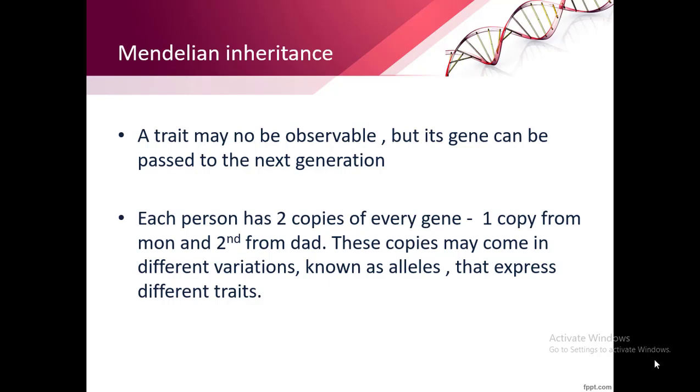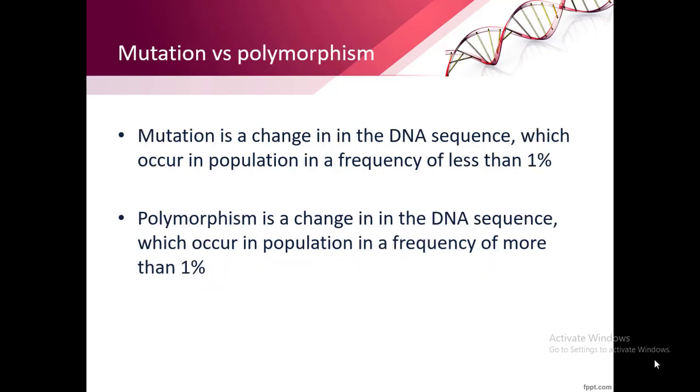Okay, now the traits are found on genes, and the genes are small parts of DNA, and the DNA is found in the chromosome, and there are two copies of a chromosome. One copy came from each parent. When changes happen in these codes that are represented by genes, they are called either mutation or polymorphism.